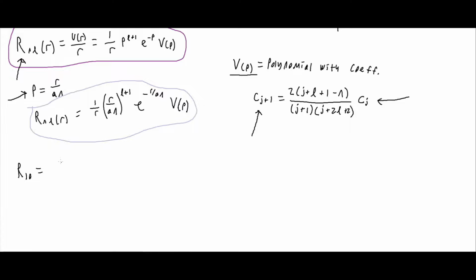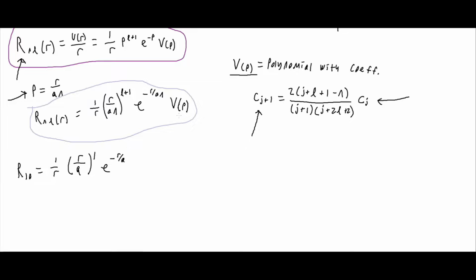That is going to be equal to 1 over r, times r over a, since n is equal to 1, raised to the L plus 1, where L is equal to 0, so it's just 1. Then we have our e to the minus r over a, because our n is just equal to 1.